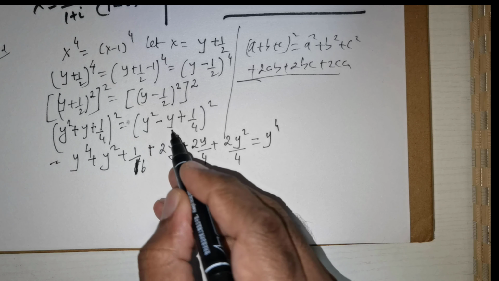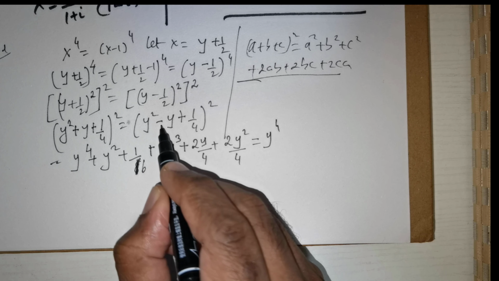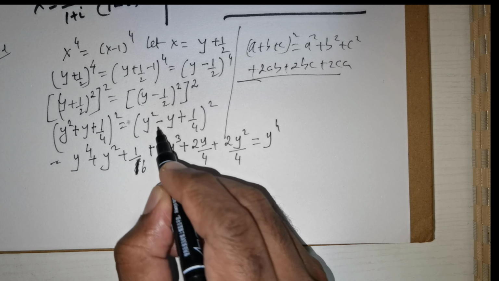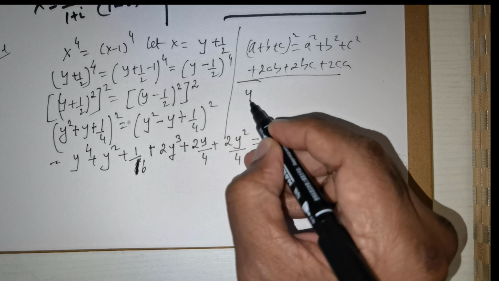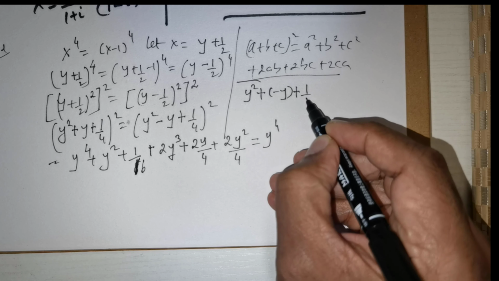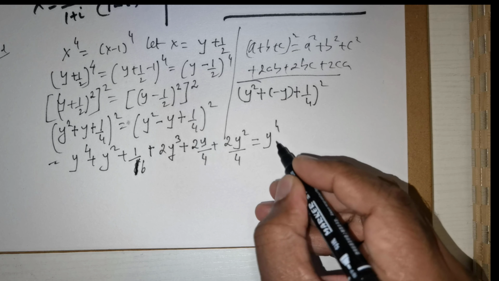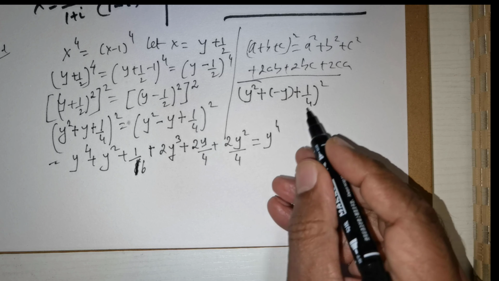And what I wish to do is, instead of writing it as negative y, I would write it as plus of negative y. So I want to write it like this: (y squared plus negative y plus 1 over 4) raised to the power of 2. So that would be better for me to handle the signs.